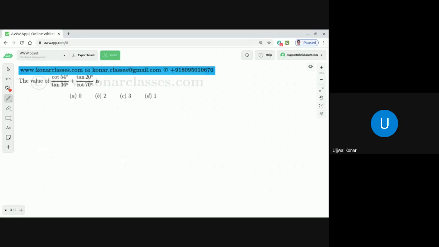The question is that you need to find the value of cot 54 degree by tan 36 degree plus tan 20 degree by cot 70 degree.